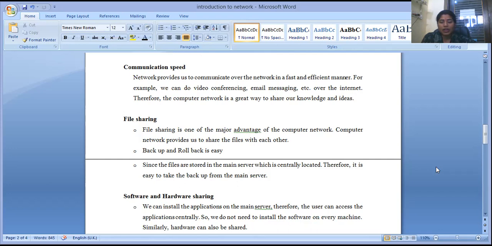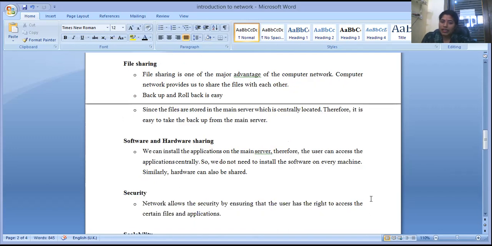Okay. So now software and hardware sharing. We can install the applications on the main server. Therefore, users can access the applications centrally, and so we do not need to install the software on each and every machine. Similarly, hardware can also be shared, isn't it? It means there is a central server giving services to all the surrounding computers connected to it.